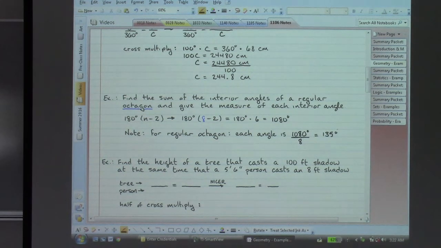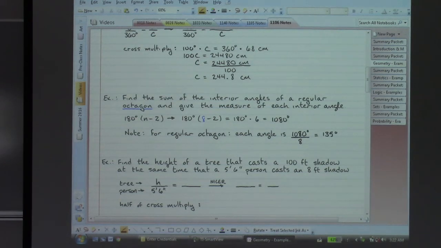Who knows? Now, we can pick a ratio that uses tree information on the top or tree information on the bottom, but since we want to find the height of the tree, let's just try to make things a little bit nicer on ourselves by having that unknown height for the tree on the top. And so the person, we need the height immediately below that, so the 5'6".